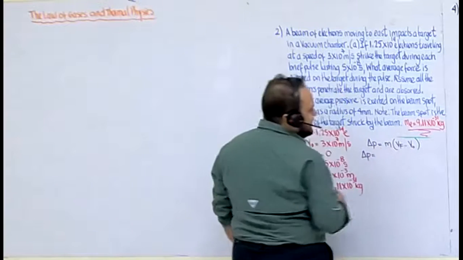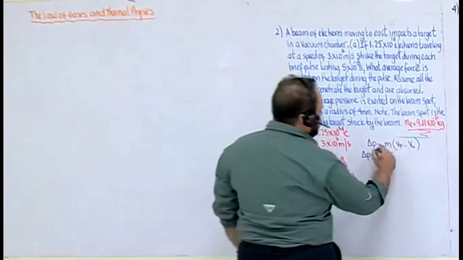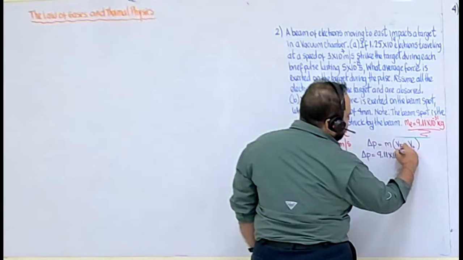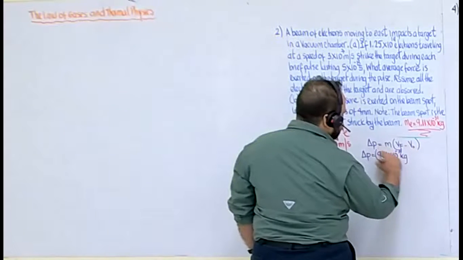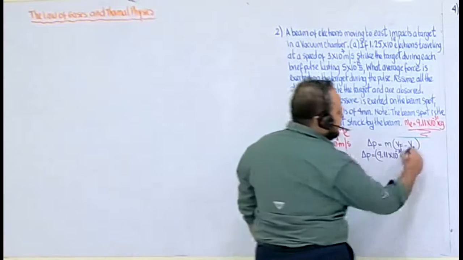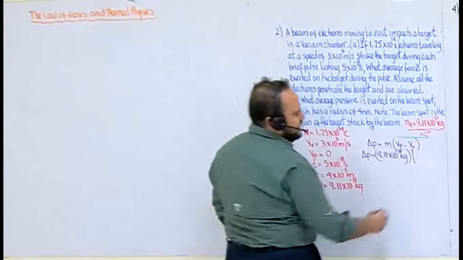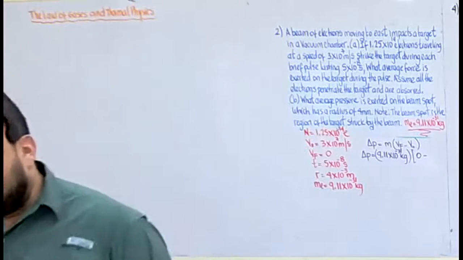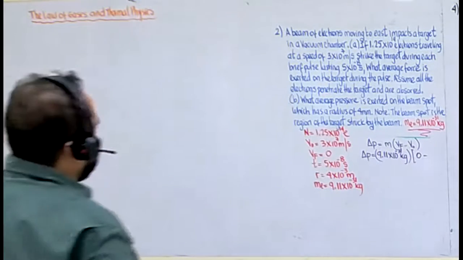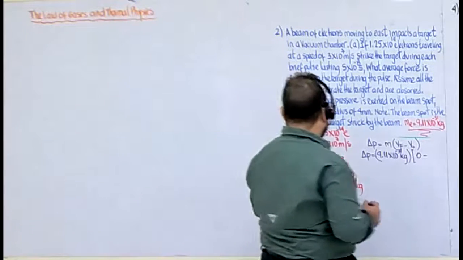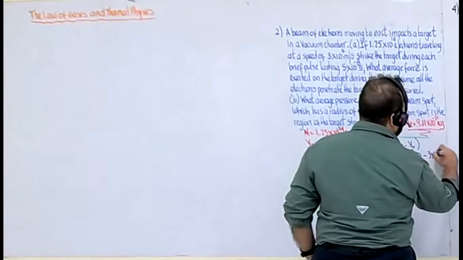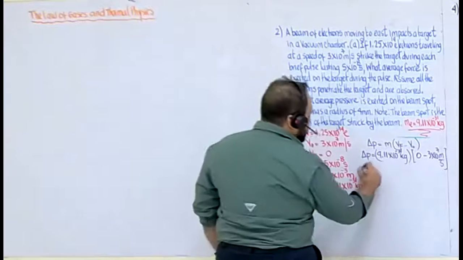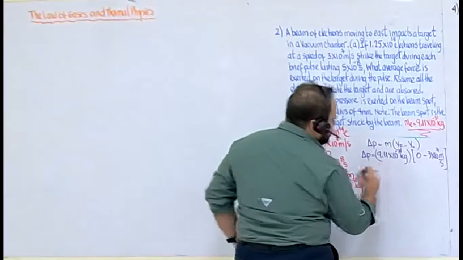Well, the mass for one singular electron will be 9.11 times 10 to the negative 31 kilograms, multiplied by the final velocity, which is 0, minus the initial velocity, which is 3 times 10 to the 7 power meters per second.